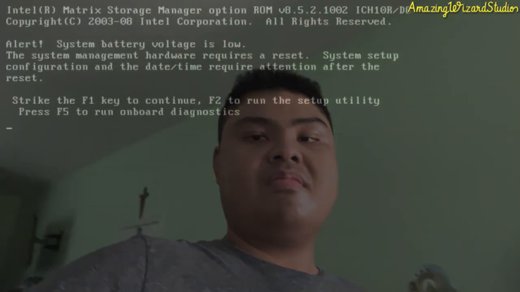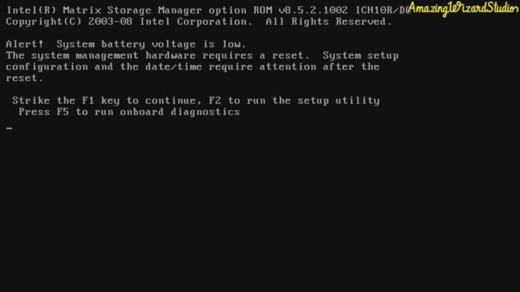And here's an example. Yes, this is the error I am talking about. You may see this error if you try to boot up your computer when its CMOS battery is low or dead. In this case, you won't be able to go to your operating system as normal.